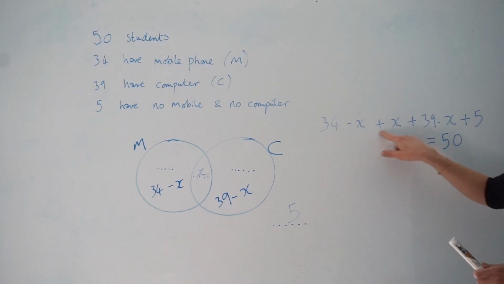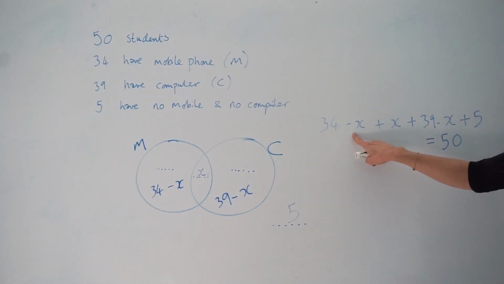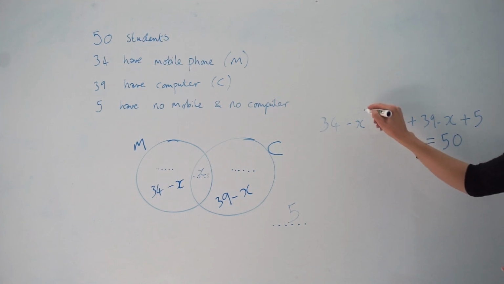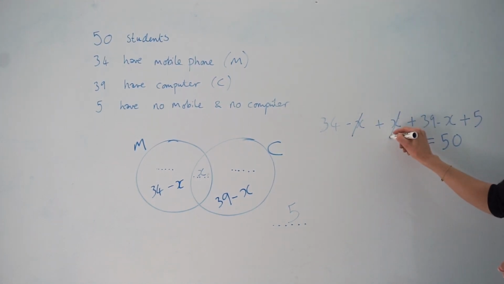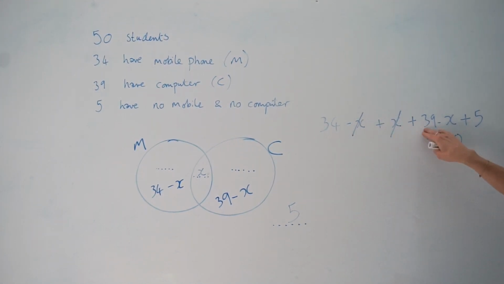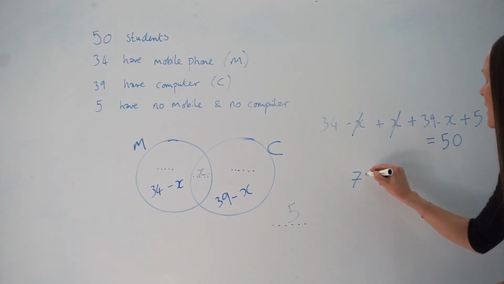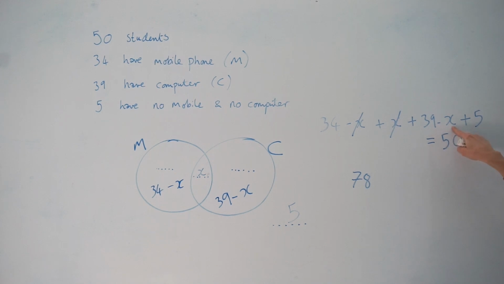Okay, so I can simplify this. Negative x plus x is 0, so those terms cancel each other out. 34 plus 39 plus 5 is 78. So I have 78 minus x is equal to 50.